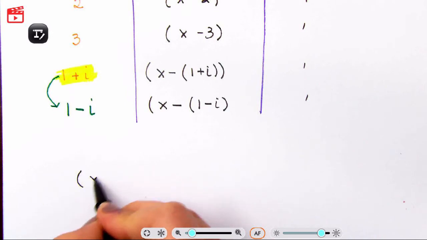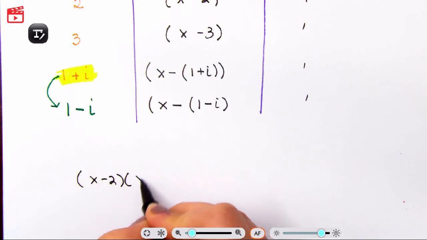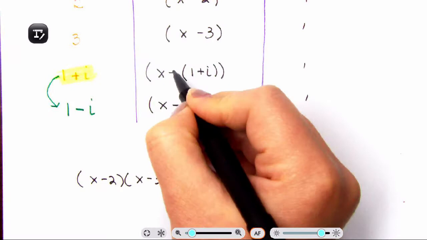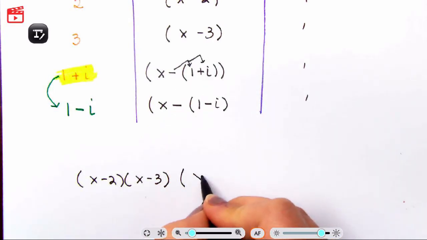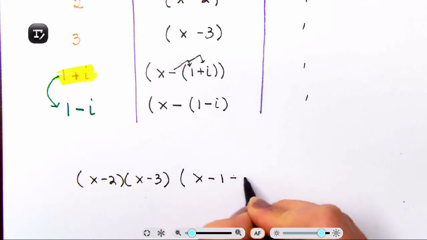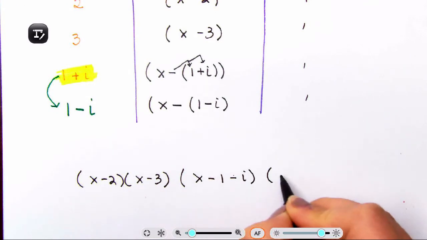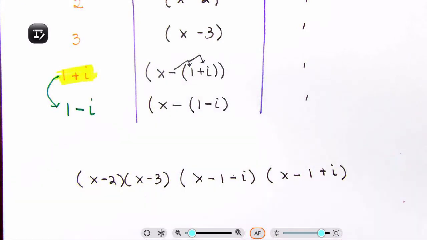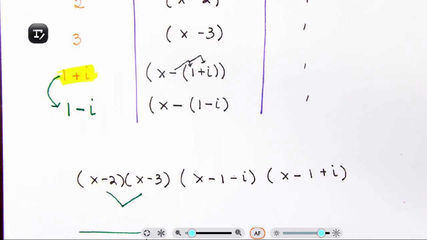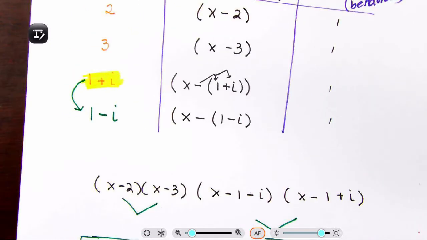So I have x minus 2 times x minus 3 times, and you're going to distribute that negative inside just to make life easier, x minus 1 minus i and x minus 1 plus i. Don't let this scare you. You're going to multiply these two using the box method.